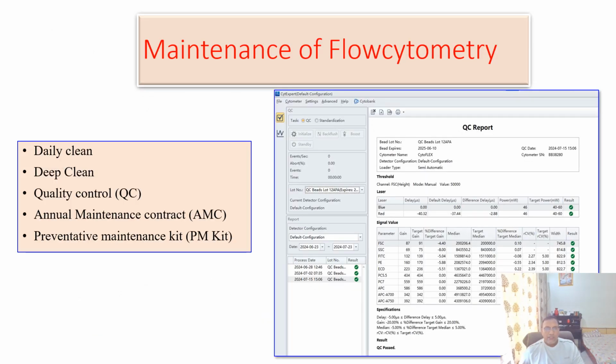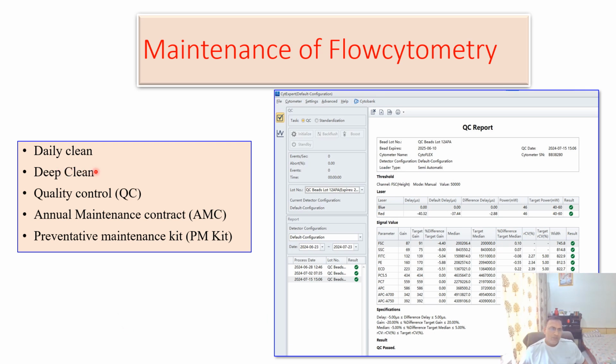So the most important thing is the maintenance of the flow cytometer. Many research institutes procure a flow cytometer, but they are not able to maintain it, so ultimately they are dumped. It is very critical to maintain the flow cytometer.